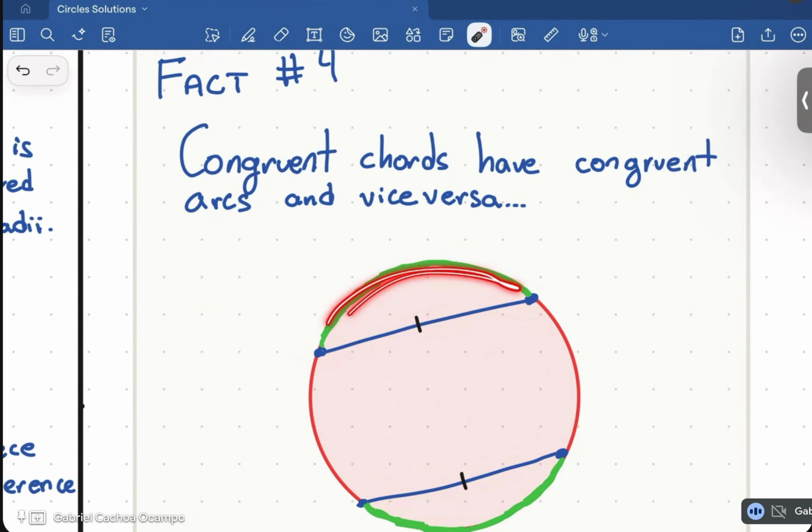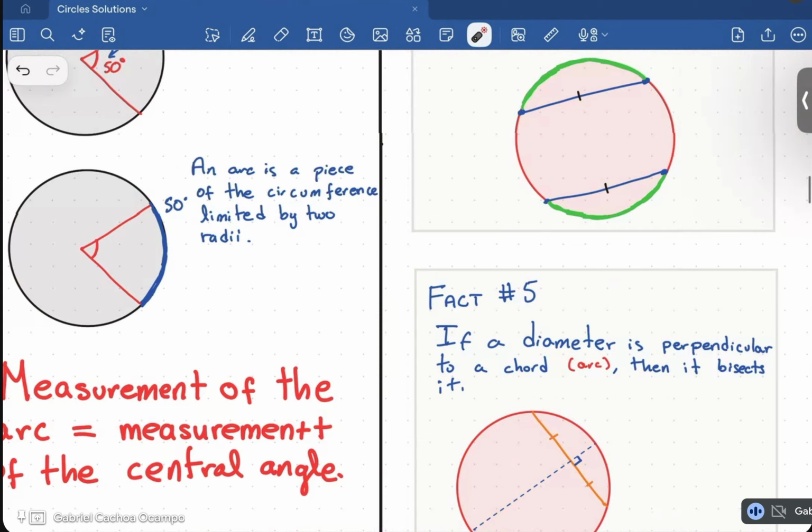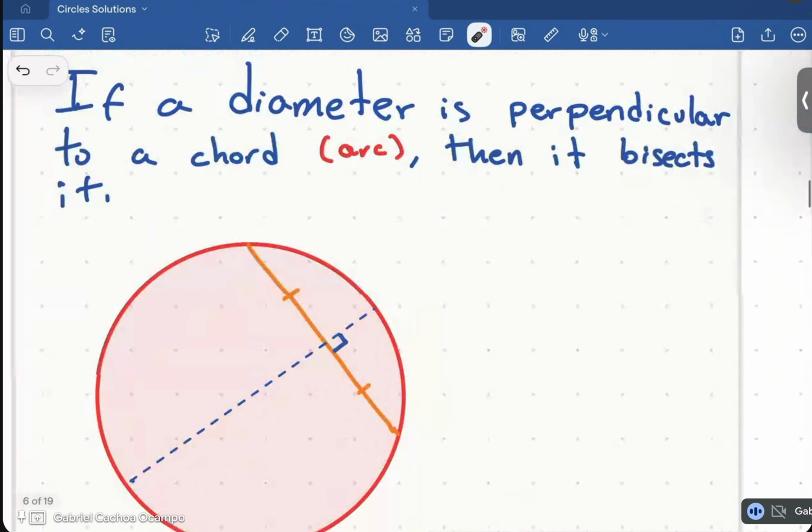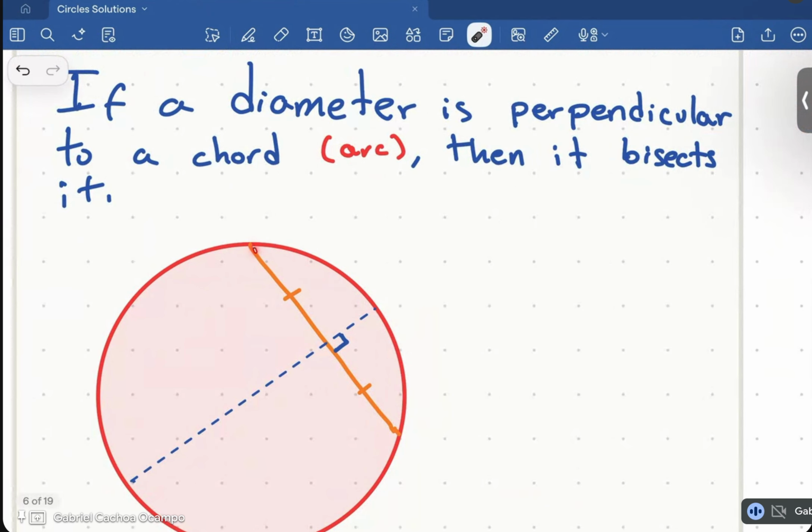I mean, if this arc is the same as this arc, then these two chords measure the same. Okay, that is one fact, and the other one is that if I have a diameter perpendicular to a chord, I am splitting it in half. I mean, that is the meaning of bisects, no? Bisects is that I am splitting it in half, cutting it into two congruent parts.